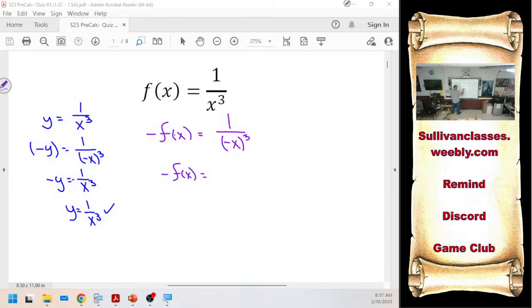Oh, sorry, negative f of negative x, because I'm negating both, is 1 over x cubed negative. So I negate the function, I negate the x. I simplify this one, and just like over here, I got negatives on both sides. So I get f of negative x is 1 over x cubed.